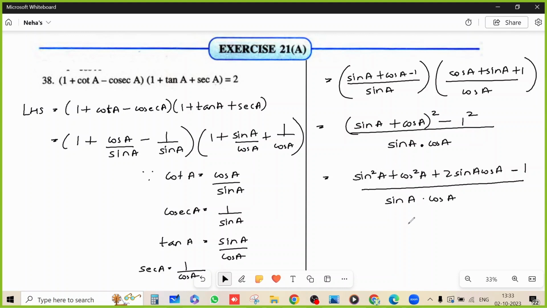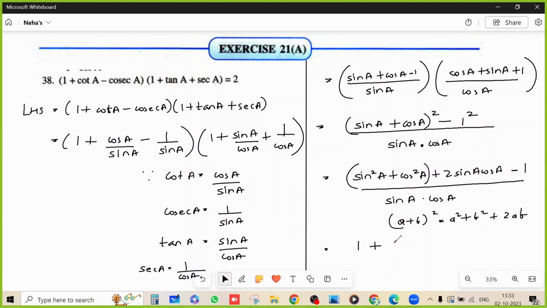Here we have applied the formula of (a plus b) whole square is equal to a² plus b² plus 2ab. Now we know that sine²A plus cos²A is equal to 1 by the trigonometric identity.